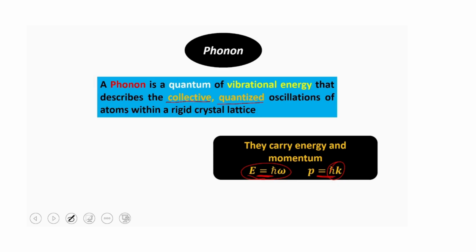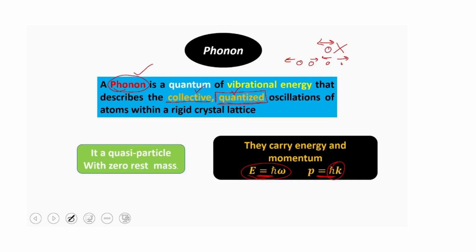Now here the two terms which I have highlighted are collective and quantized. Collective means that it is not only a single atom which is vibrating; the wave is produced by the collective oscillation of all the atoms in the crystal, and the energy is quantized, and that packet of quantized vibrational energy is called a phonon.